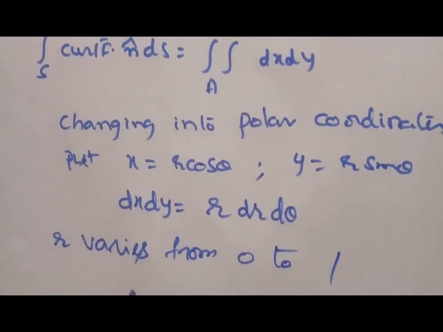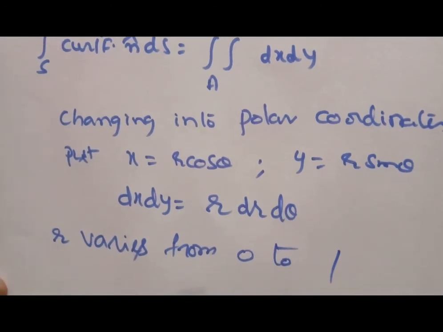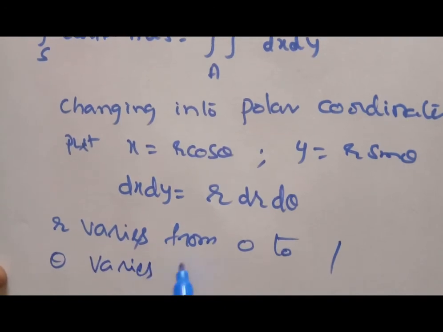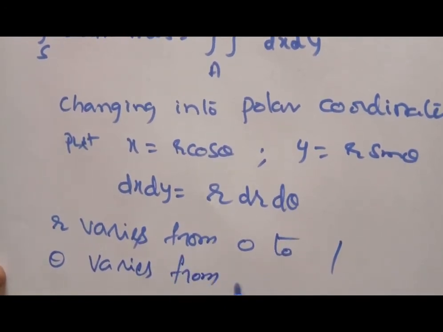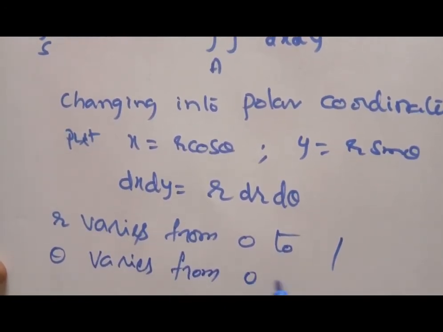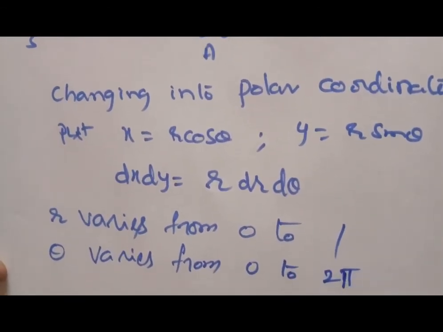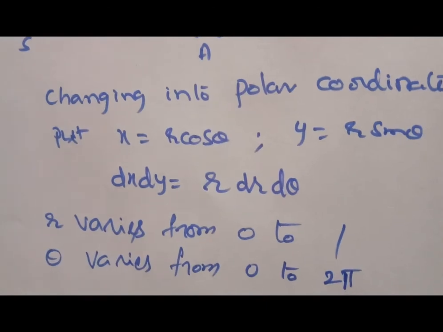So the radius is a non-negative number varying from 0 to 1. For a circle, theta's lower value is 0 and higher value is 360 degrees, so theta varies from 0 to 2 pi.